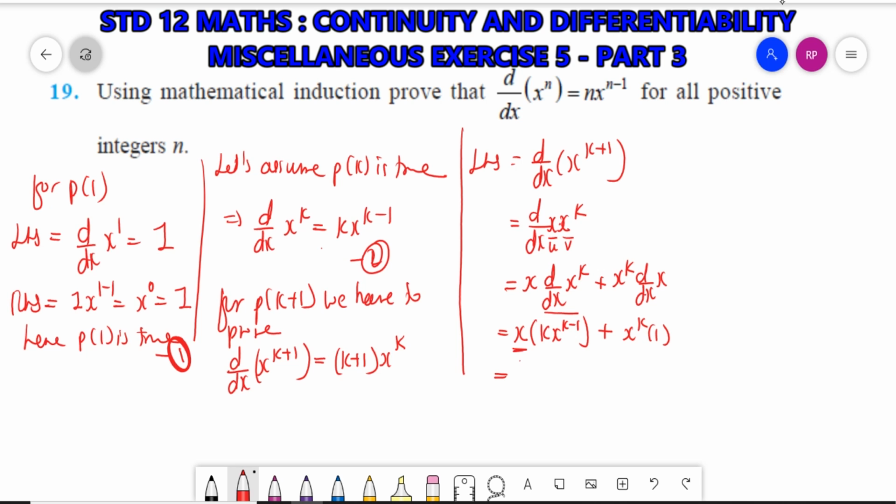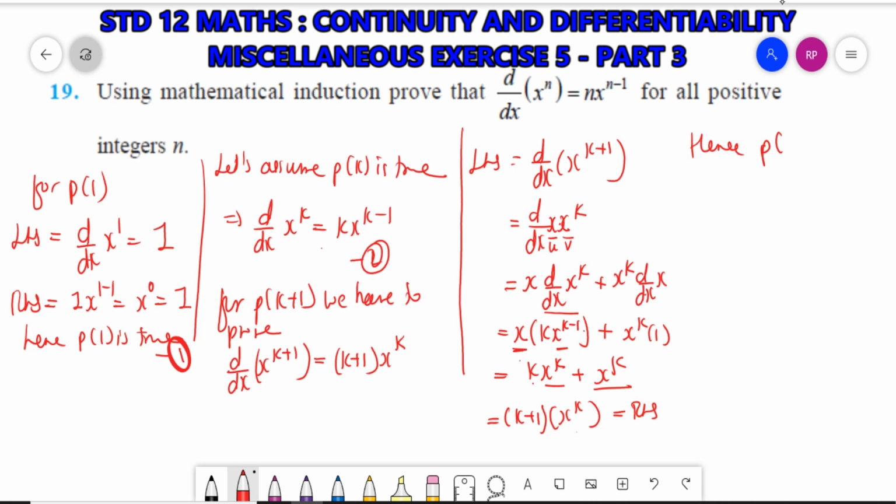So now see, x into x raised to k minus 1. So k minus 1 plus 1, k. So kx raised to k plus x raised to k. So in both of these, x raised to k is common. Okay, so this will be k plus 1 into x raised to k and that is equal to RHS.